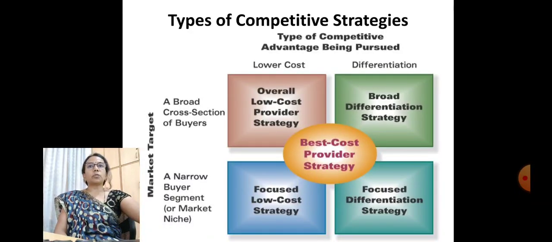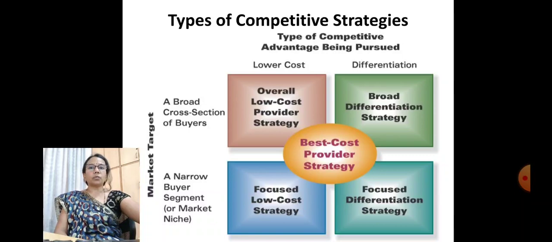Regarding the types of competitive advantage being pursued, here is a model you can see on the slide, which talks about the market target: low cost, differentiation, broad cross section of buyers, narrow buyer segment. It has all 5 concepts: overall low cost provider strategy, broad differentiation strategy, focused low cost strategy, focused differentiation strategy, and best cost provider strategy.